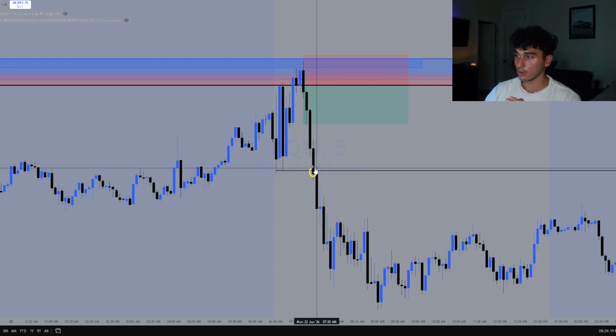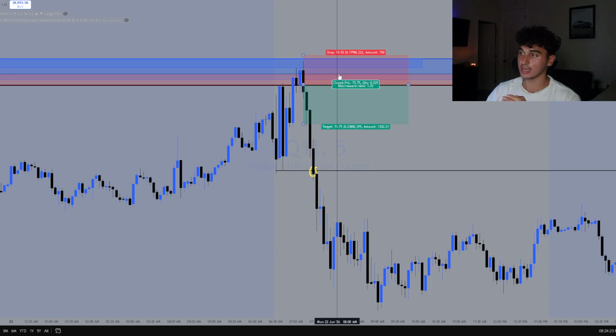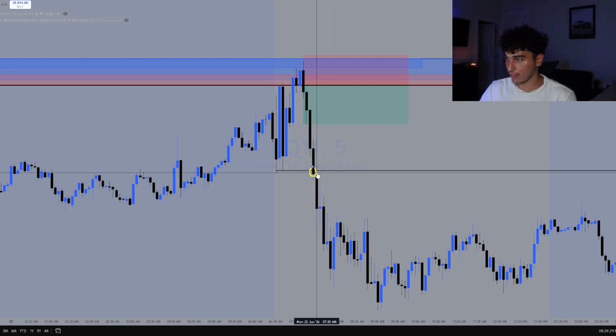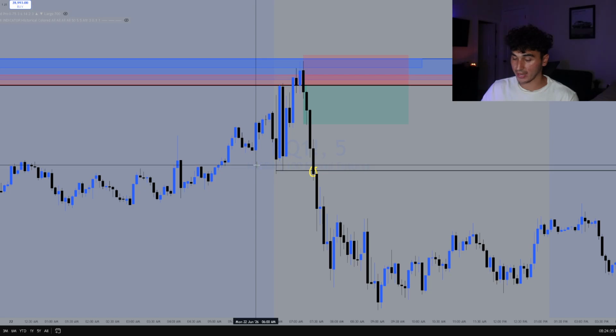Okay? Once we took profits here, let's say it reversed back to the upside and hits our break even. That will still be a green trade due to the fact that we took profits at that low.